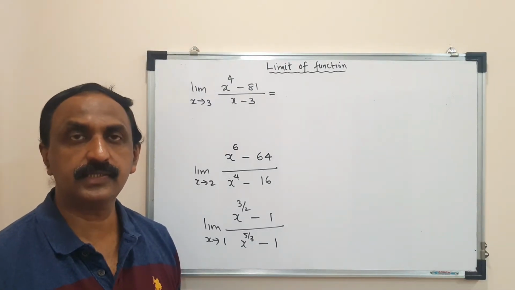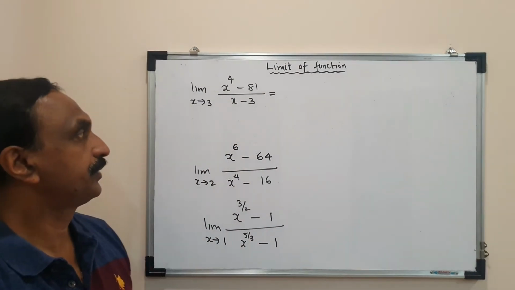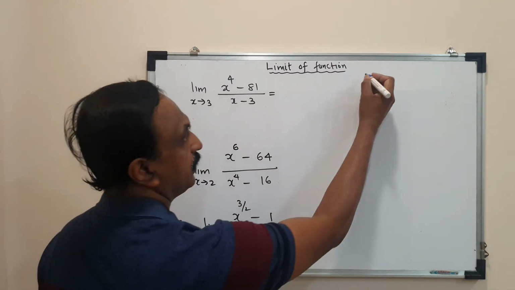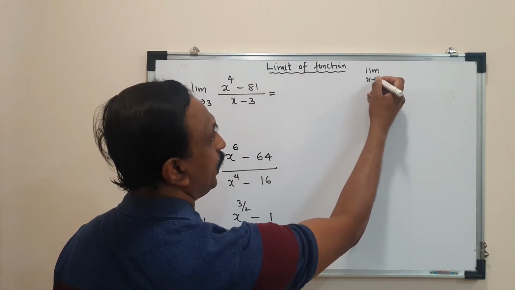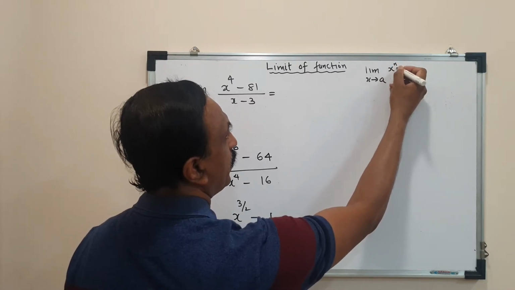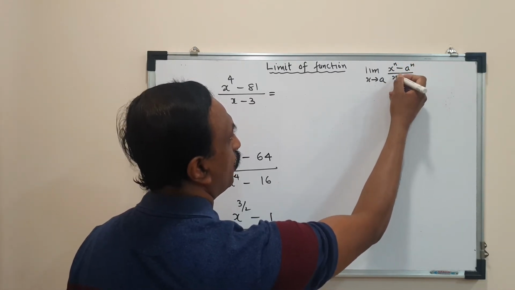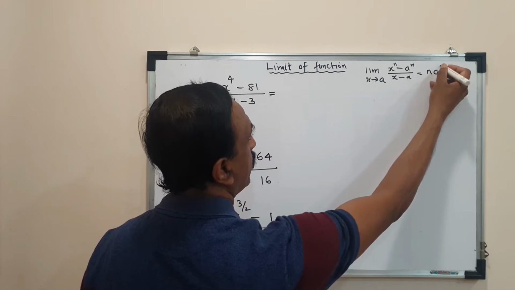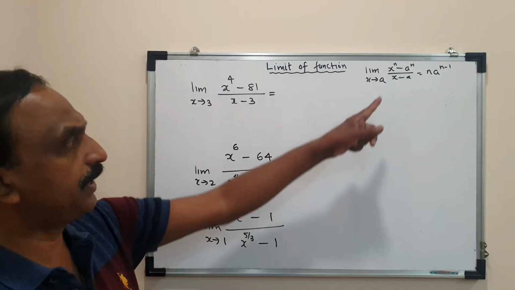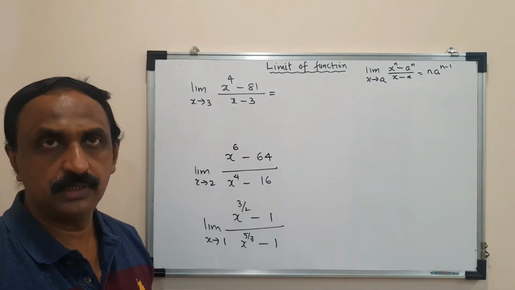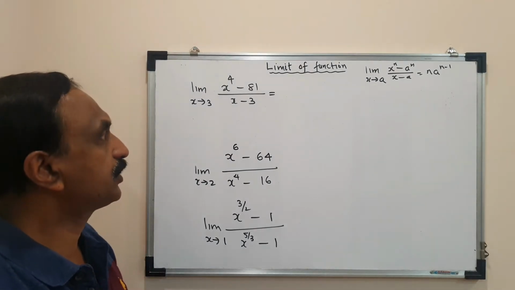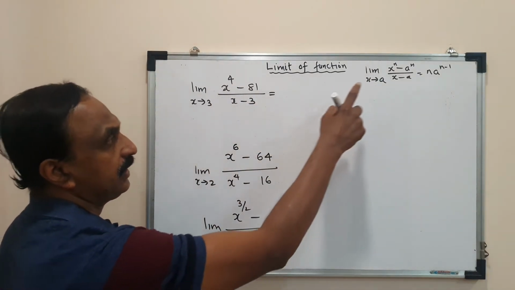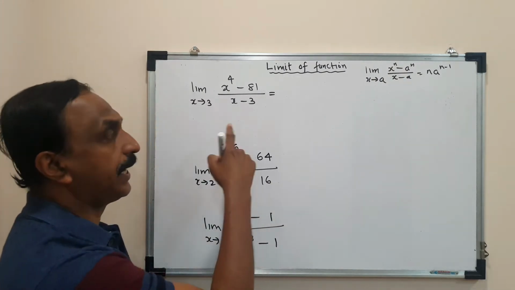Now let us discuss the three types of problem. We are using the formula limit x tending to a, x to the power n minus a to the power n upon x minus a is n a raised to n minus 1. We are going to apply this formula in these three problems so that we can evaluate it in a faster way. Now you have seen that x's power and a's power should be the same to apply this formula.